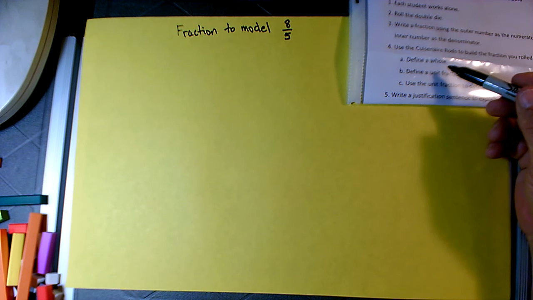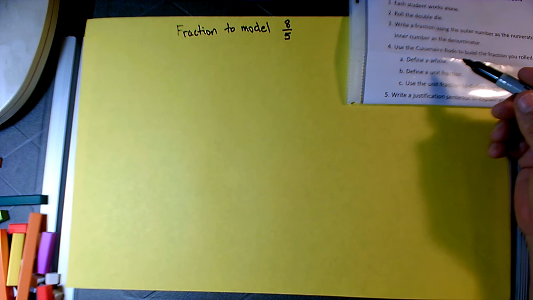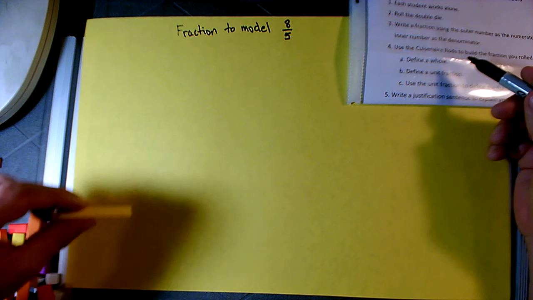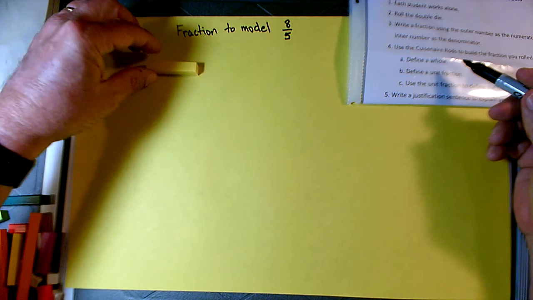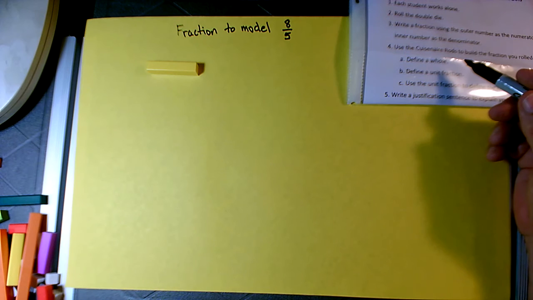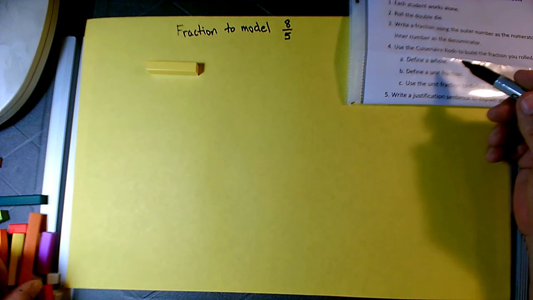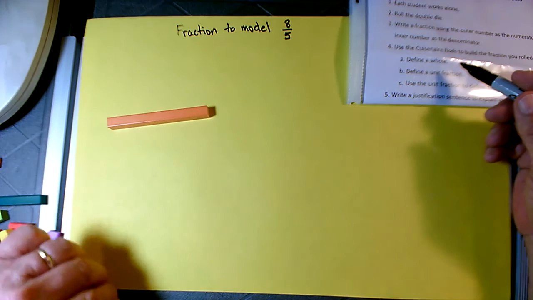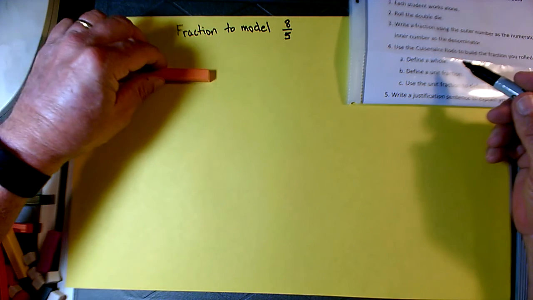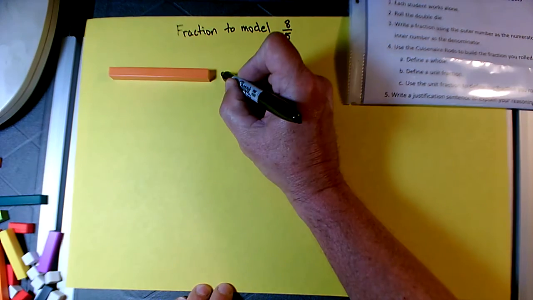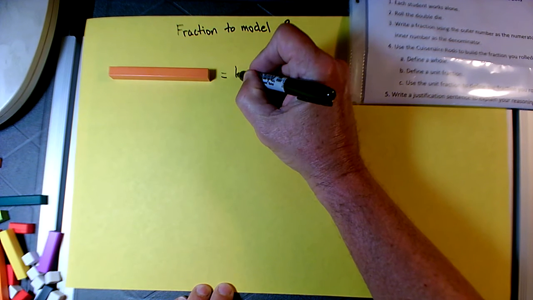Define the whole. If I'm going to define the whole, then what I want to do is take something, say this block for example, or I could use this block. Let me use the orange block just for the heck of it. And I'm going to say the orange block is equal to 1 whole.